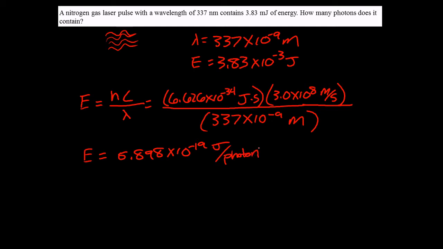And that unit just is inherent to the question here, the adding of the photon on at the end. I know there's no photons up here, but this is the energy per photon, and so we can go ahead and stick that on the end there.